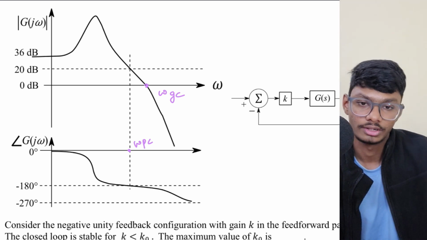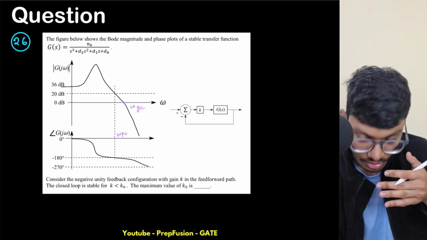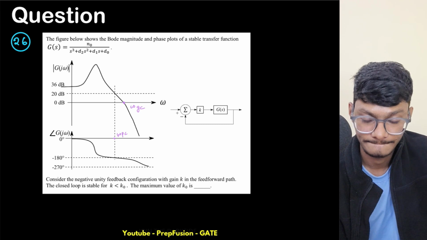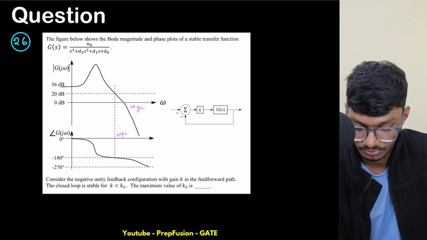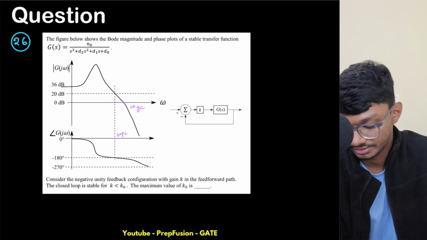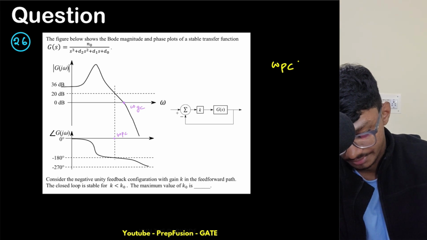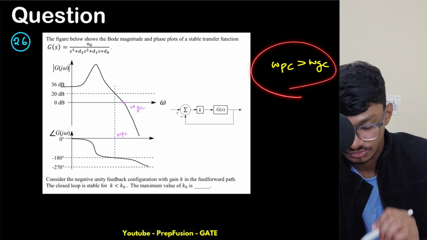Now I told you one condition, if you recall correctly: for stability, your phase crossover frequency should come later. Your omega pc should be greater than omega gc. This was one condition for stability.